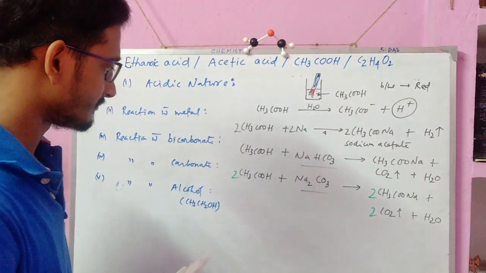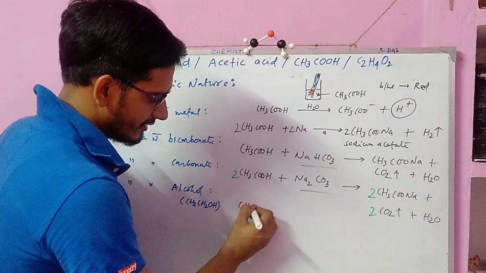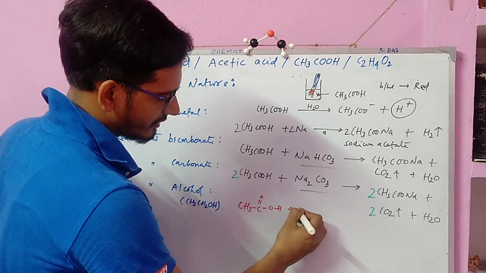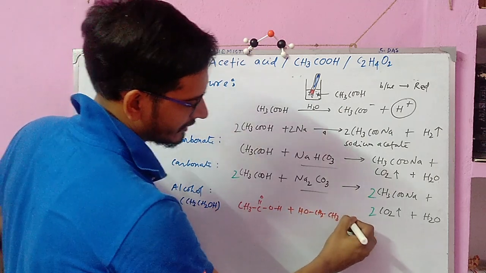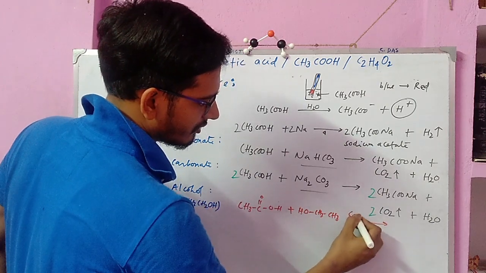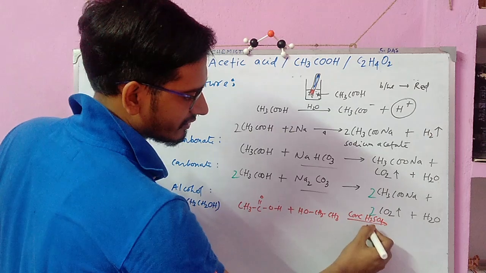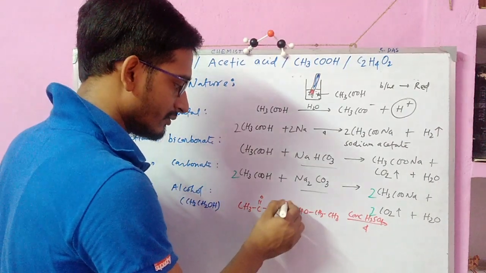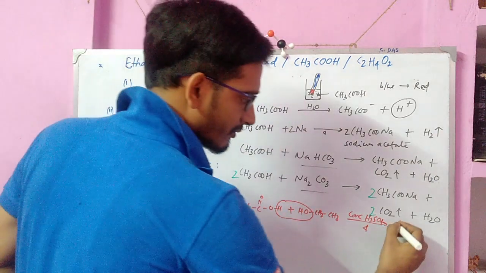What will happen if acetic acid, CH3COOH, is treated with ethanol in presence of concentrated sulfuric acid under little heating condition? What will happen? A water molecule will be removed from here. What product will be obtained?